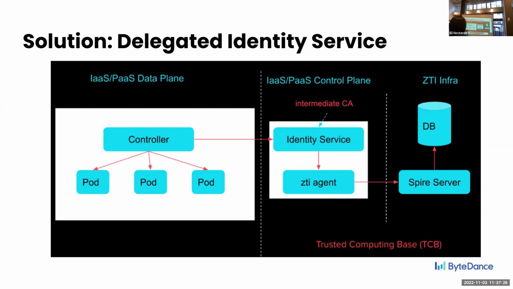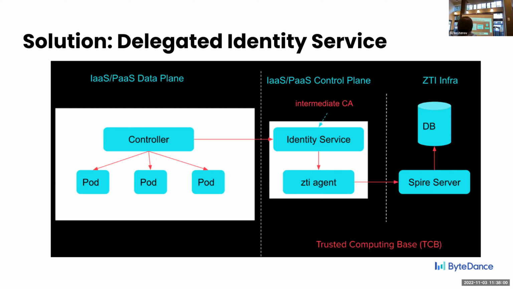So what we finally adopted is such a model. We allow the PaaS and the IaaS platform to maintain their own identity service. We call it a delegated identity service, which is joined in the middle. And this identity service can get its own Spire identity using the Spire workload API. This identity service is also working as an intermediate or signing authority to sign the tokens and the certificates for all the pods or workloads this platform is managing.